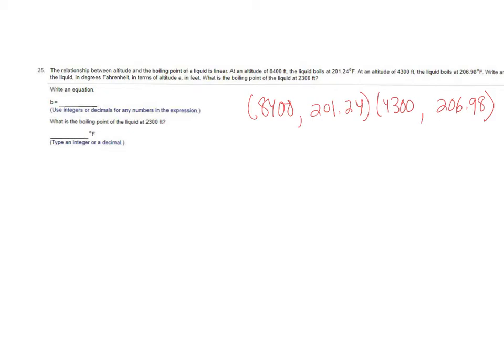And so it asks us that we need to look at the altitude is the A value in feet, and the boiling point is this value here, and that's in degrees Fahrenheit. So the first thing we're going to need to do is to figure out the slope here.